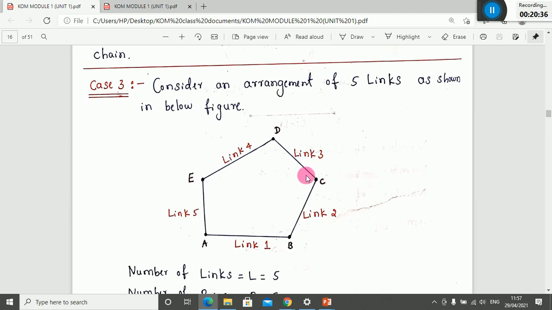They'll be locked at the bottom portion. They'll not be able to lift, and they'll not follow a certain path. Just check whether it is a kinematic chain by using steel bars or wooden sticks. You can make this 5 bar chain, you can see. You'll not get a definite path.